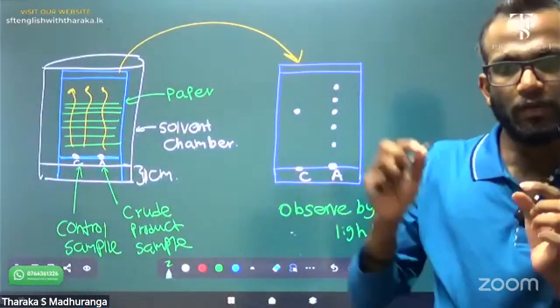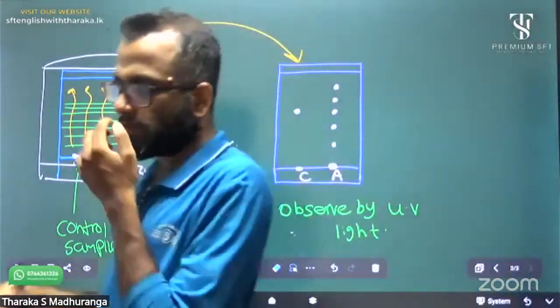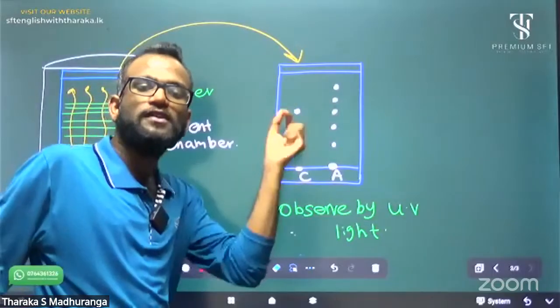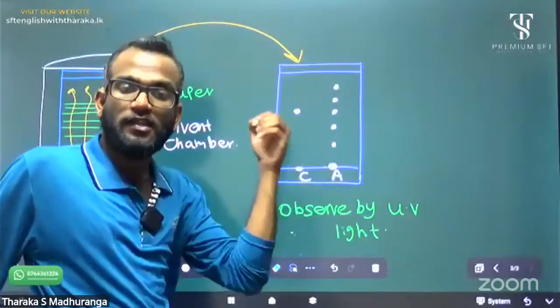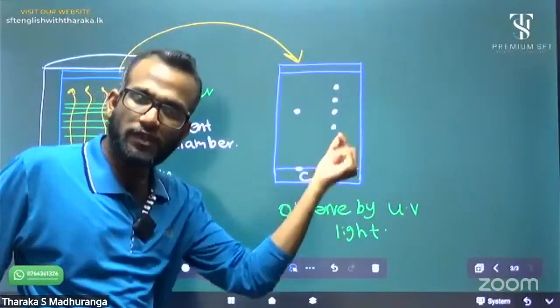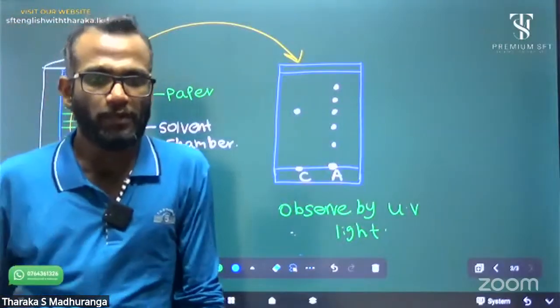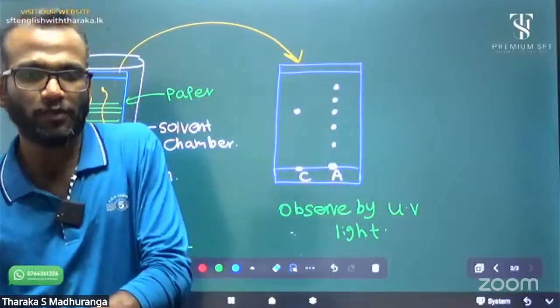Then we can observe the colored dots. The control sample normally contains one dot because it is already purified, but the crude product contains a lot of compounds. It is an impure product, therefore it can contain more than one compound. Clear? It's a beautiful story, right?